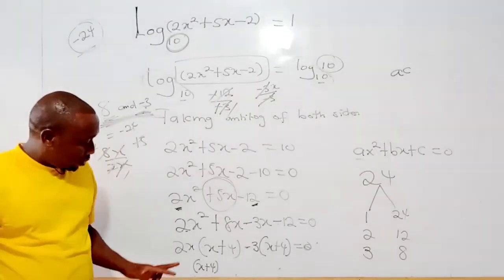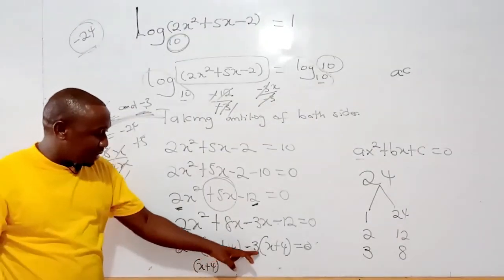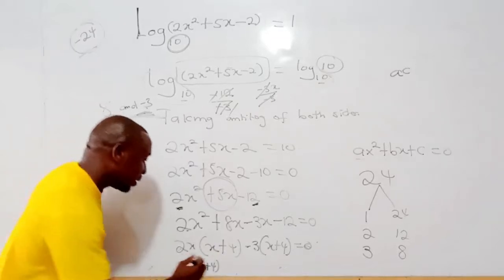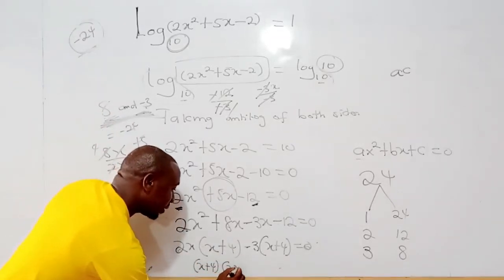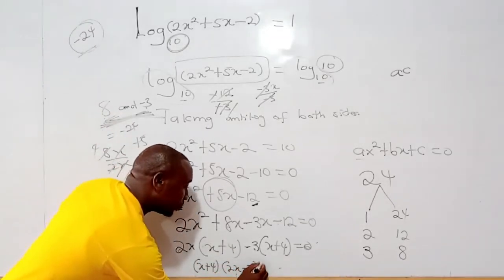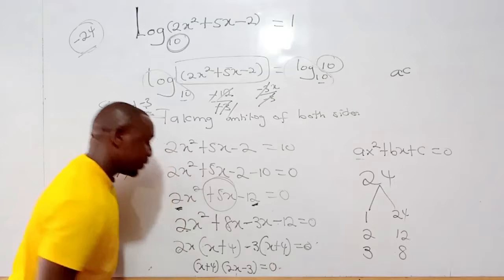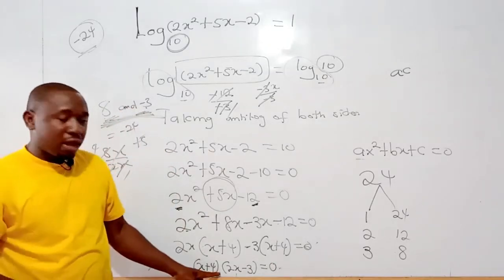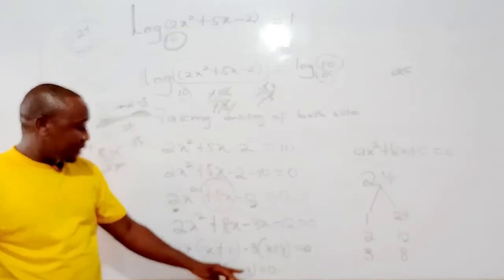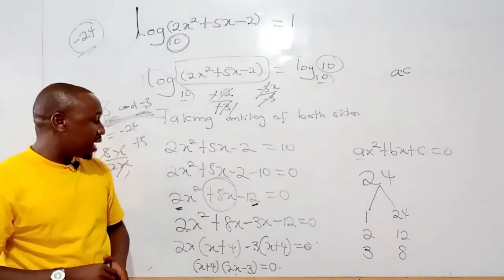After which 2x minus 3 will also be in another bracket, and 2x minus 3 will also be equal to 0. So we have x plus 4 in one bracket, and 2x minus 3 equal to 0 in another.